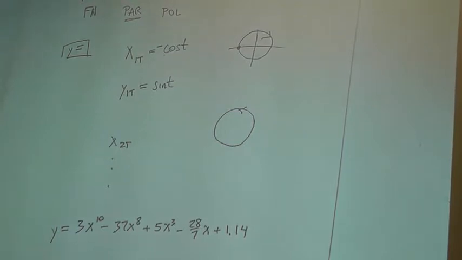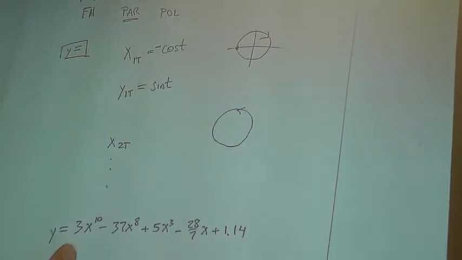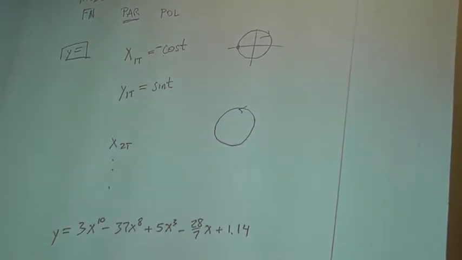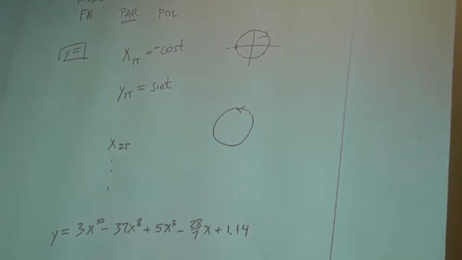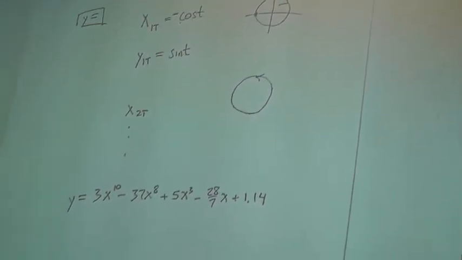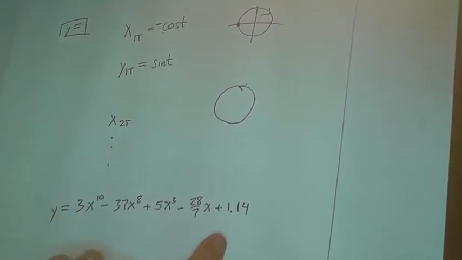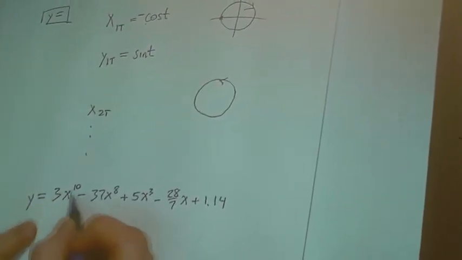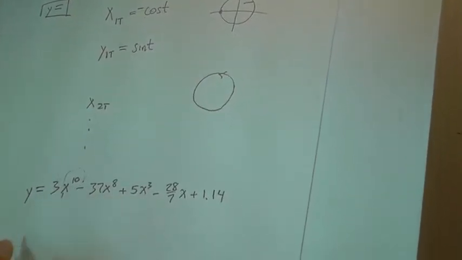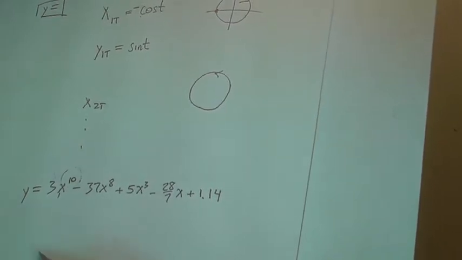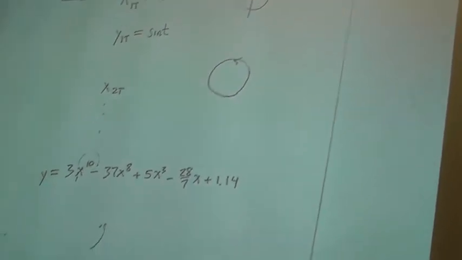I can't even tell you where this crosses the x-axis. I can't look at my calculator and get a picture of the graph, at least not of the whole graph. I can tell you some things about it. I can tell you because that's an even degree and that's positive, that eventually it will go up on both ends.